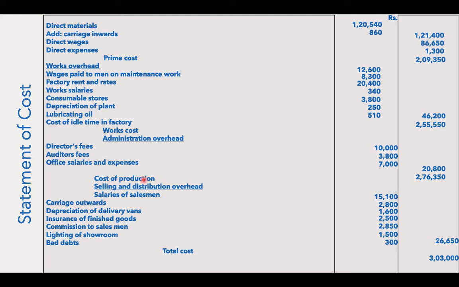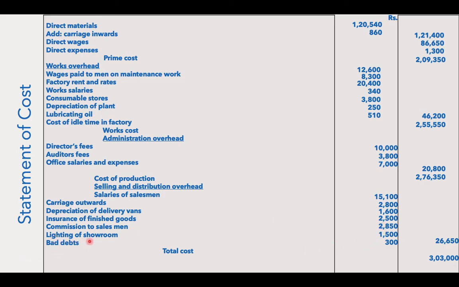Along with the cost of production, we have to add the selling and distribution overheads. From the problem we have the first one, salaries of salesmen 15,100. Then carriage outwards we have 2,800. Then depreciation of delivery vans we have 1,600. Then insurance of finished goods we have 2,500. Then commission to salesmen we have 2,850.